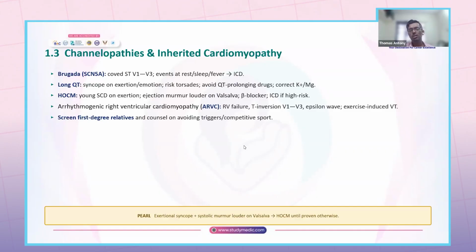In men, we consider a corrected QT of more than 440 milliseconds, and in females slightly higher, more than 460 milliseconds. What do we do for the treatment? We have options like propranolol or nadolol, which are preferred for congenital long QT.